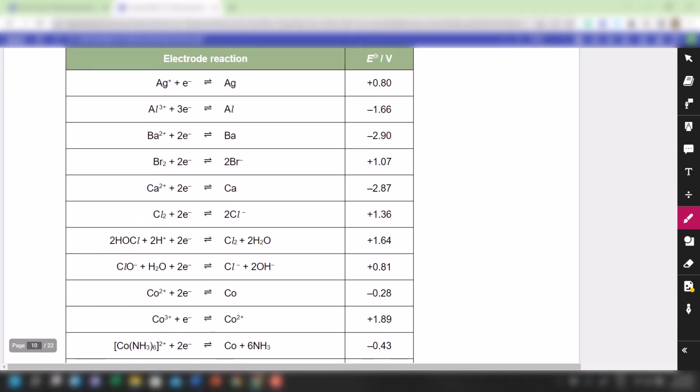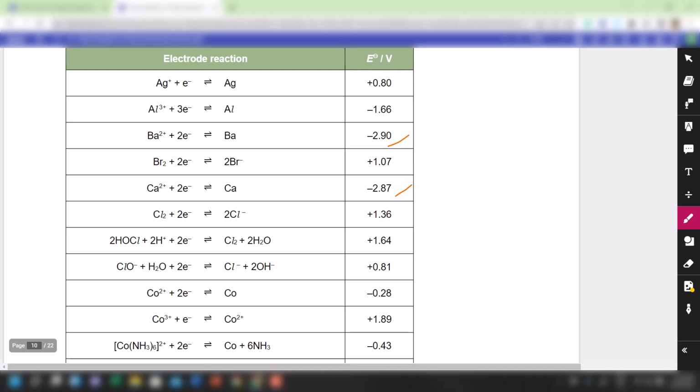We are given calcium to calcium, that's minus 2.87 volts. We are also given barium to barium, that's negative 2.90 volts. So that means I would expect the reduction potential of strontium to strontium to be between minus 2.87 and minus 2.90. That is a very negative reduction potential. And what are we comparing it with?